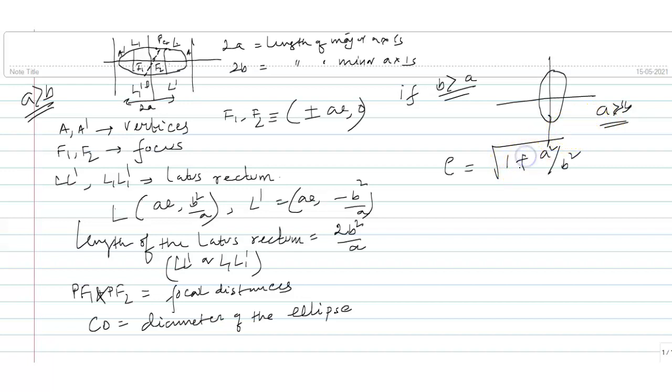Sorry, I have told something wrong: 1 minus a square over b square. Is it clear?